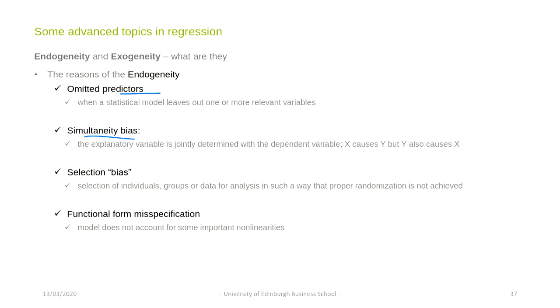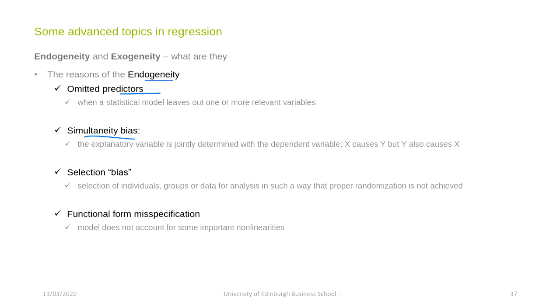Simultaneity bias basically means we can explain y by using x, but at the same time we can explain x by using y. So the explanatory variable is jointly determined with the dependent variable. This is actually a very serious problem, and it is also one of the reasons we have endogeneity.